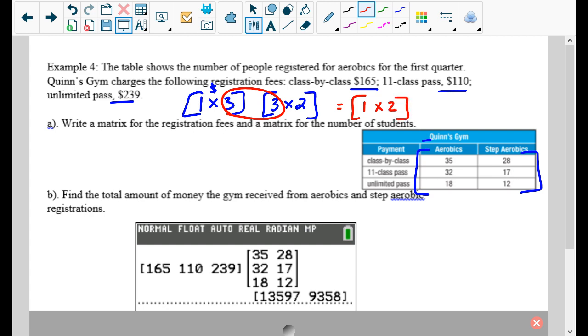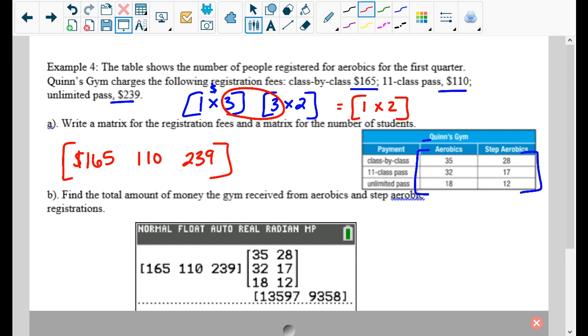So let's put this into our matrices. My first matrix is going to be my prices. So class by class, 165. 11 class pass is 110. And my third one, unlimited, is 239.